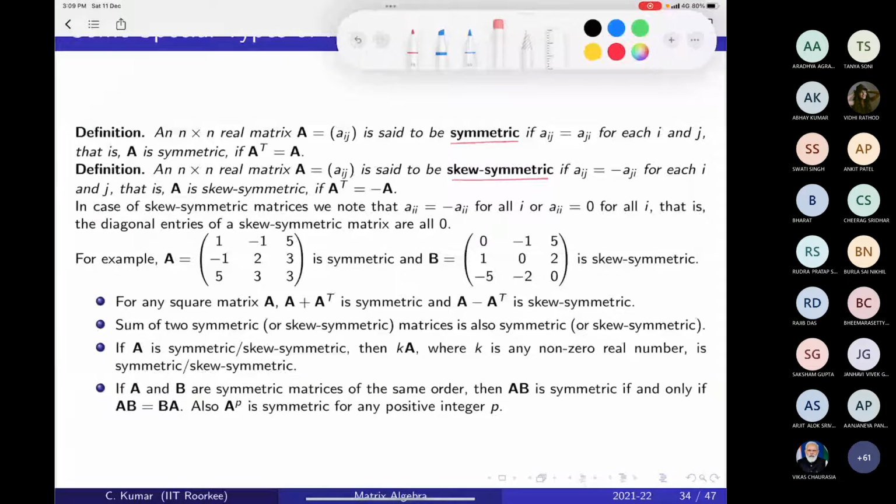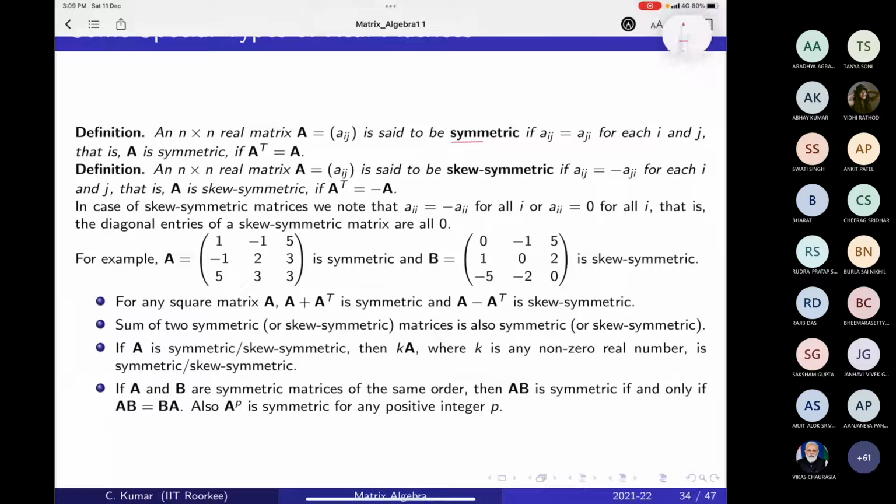Along with the definition, we will also see some properties of these matrices. So first definition is symmetric matrix. So consider a square matrix A of order n.